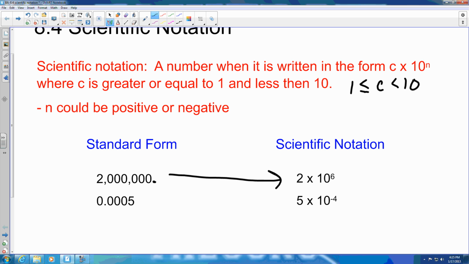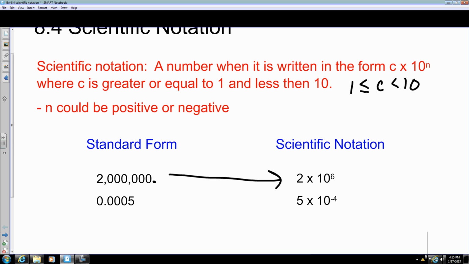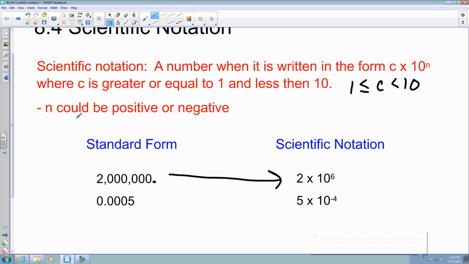So what I would like you to do is put in that decimal point, and then I want you to count the digits to where I want my decimal point to be, to make it 2, because the value 2 is between 1 and 9.